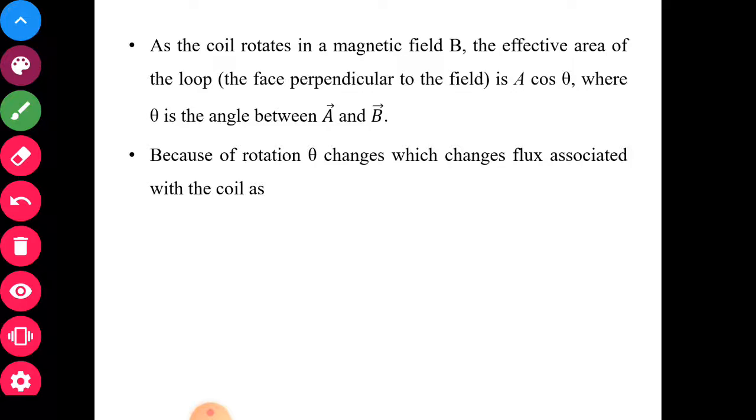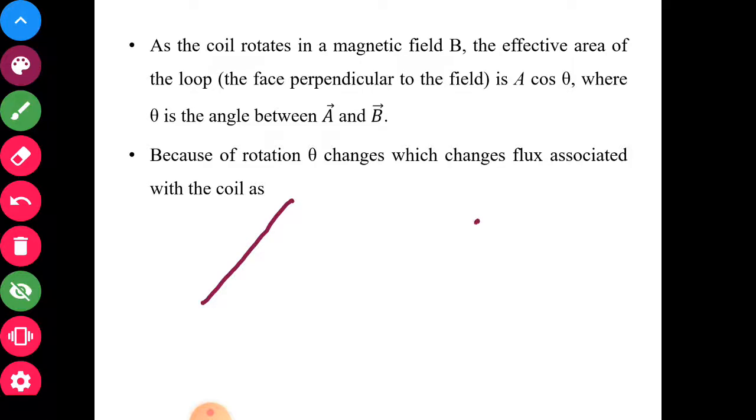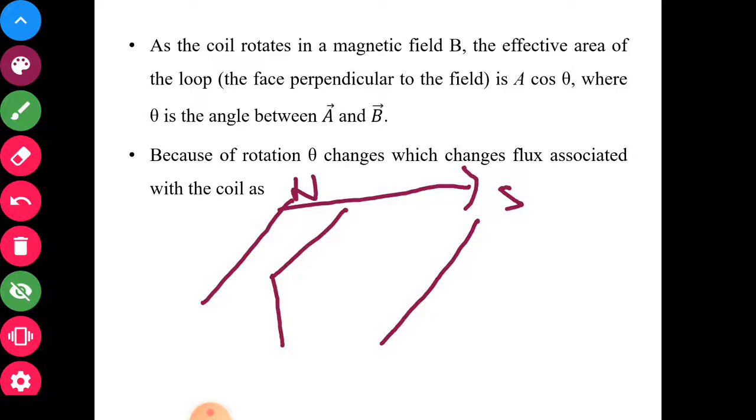So at any time you have the component of area, that is A cos theta. Try to understand, if this is your north pole and this is your south pole, the magnetic field is in this direction and the area is in this direction. Now the vector of area and the vector of magnetic field are perpendicular.